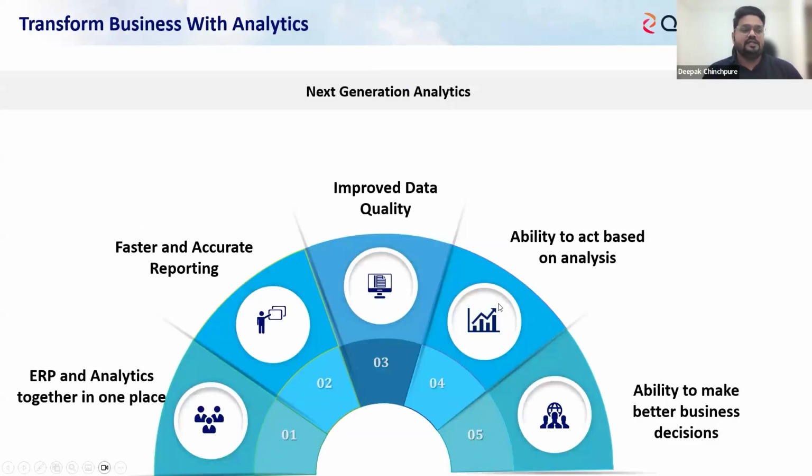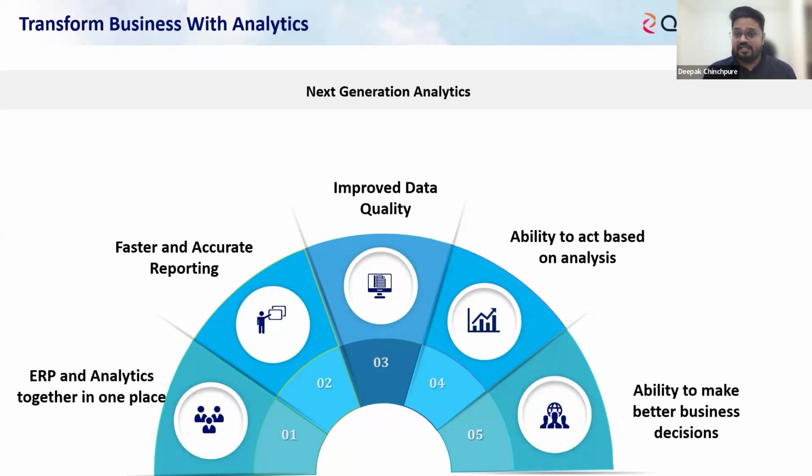Let's begin. We typically call Action Center next generation analytics, mainly because it has very distinctive properties. First, Action Center and ERP are not two separate things. It's in one place itself. Typically, BI tools are available as an add-on module, or we have to go separately to a third party.